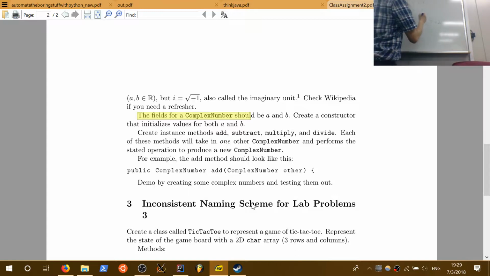So let's stop being confused with A's and B's. Let's turn this into X and Y. Now let's call this X dot A, X dot B, Y dot A, Y dot B, okay?